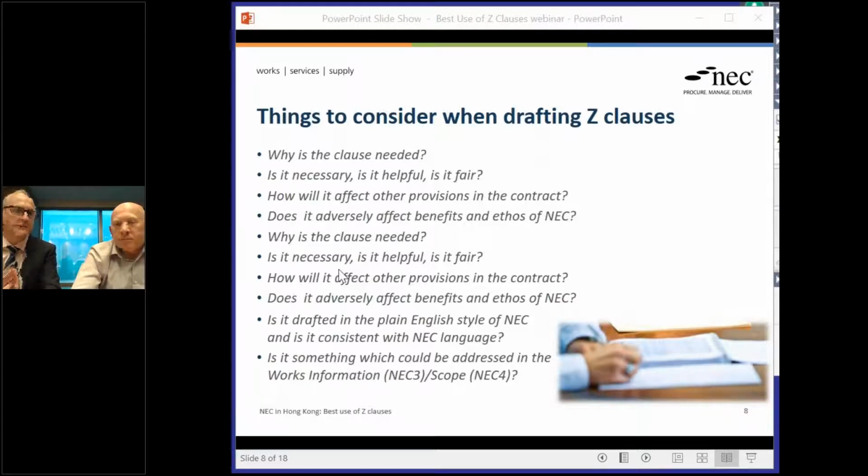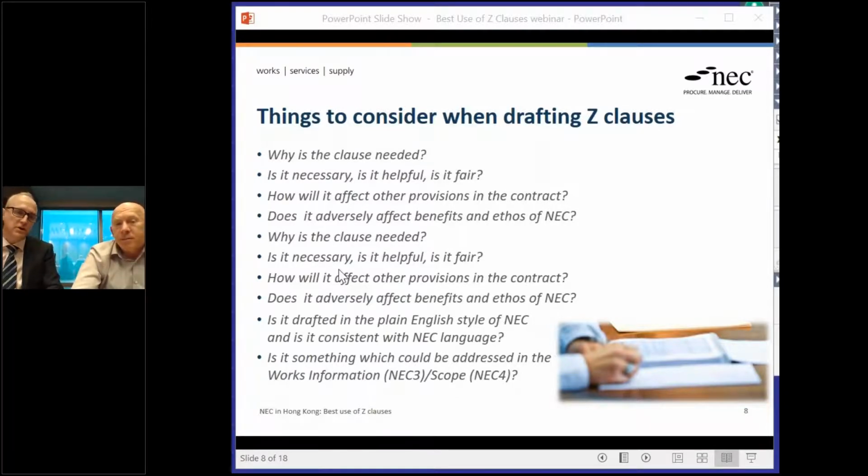And then the final point there, which I think was something you raised earlier, Rob: are you actually writing something into your terms and conditions that could be addressed in the works information? I mean, a particular concern about complying with some specific health and safety rules or procedures. You could write that. It's a constraint, isn't it? It's a constraint on how you do the work.